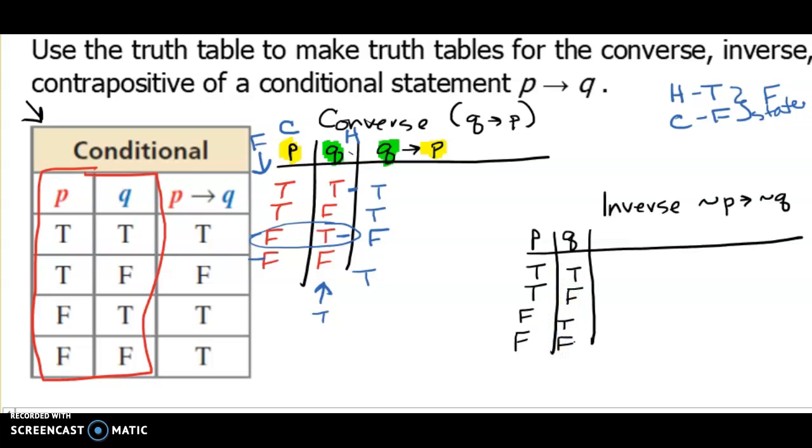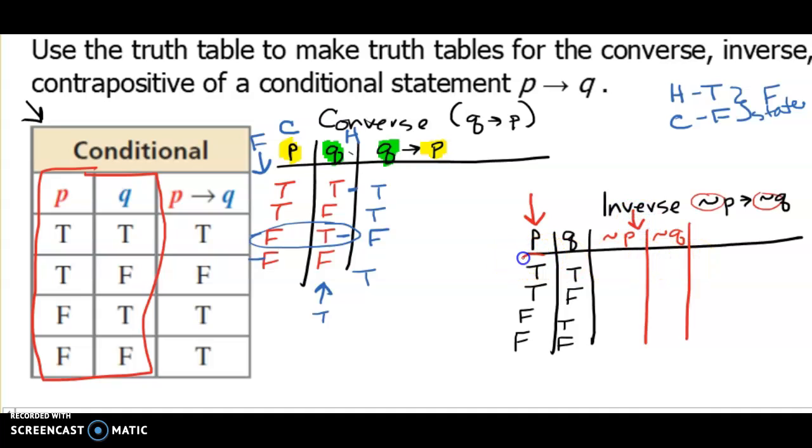All right, now notice on the inverse, we have not P and not Q, right? That's what these things are. Okay, so we need to get columns for not P and not Q before we can get if not P, then not Q. Okay, now we have to look at P in order to determine what our not P is.